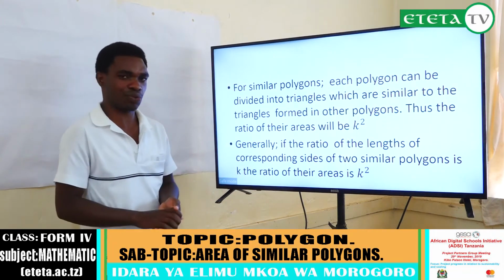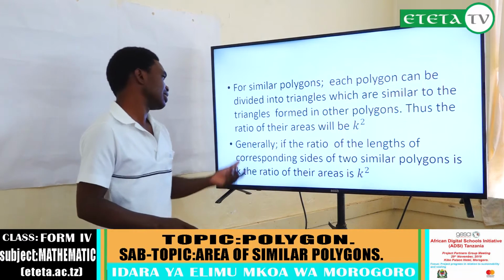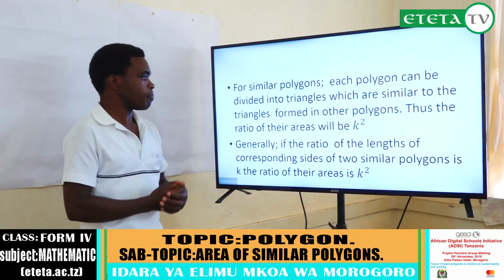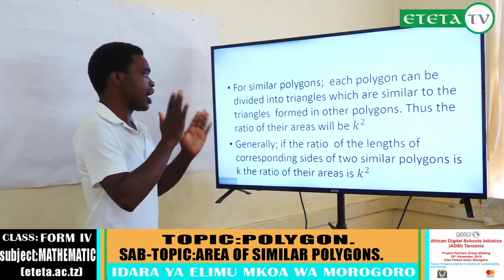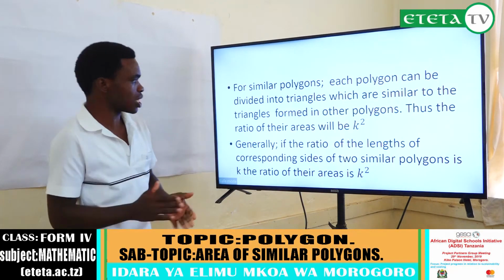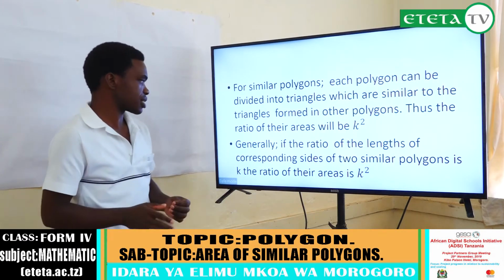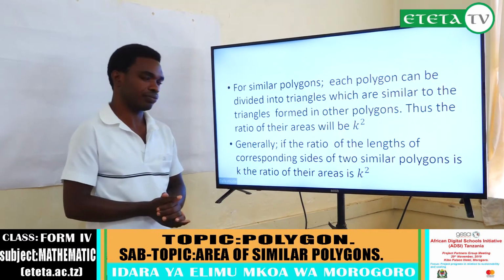The ratio to be K squared. So here we are saying that the ratio for the areas will be K squared. For similar polygons, the ratio of the areas will be K squared.